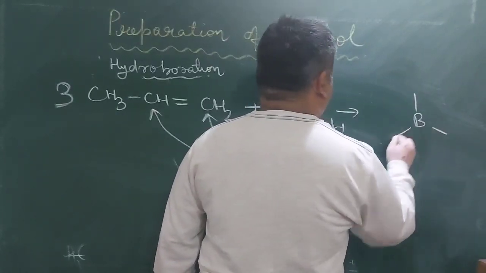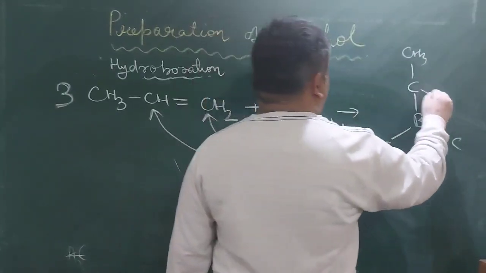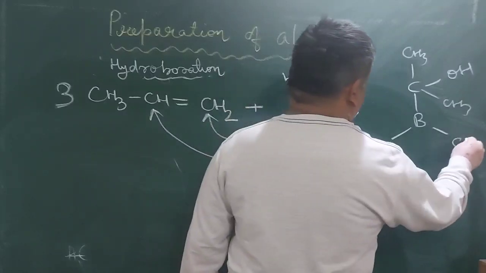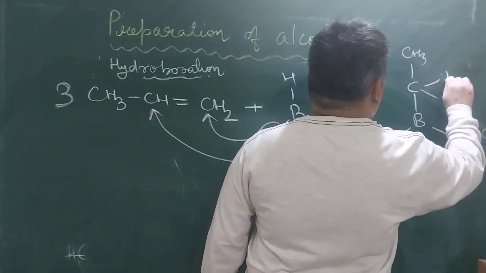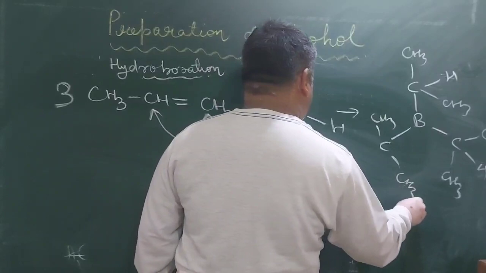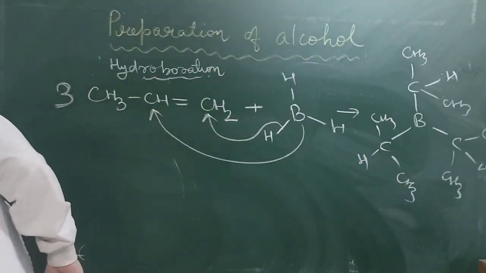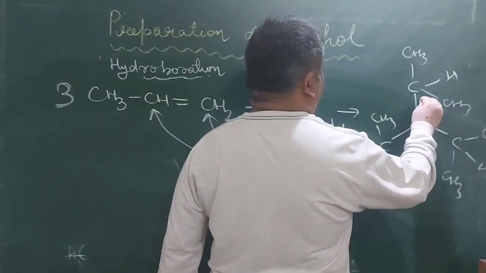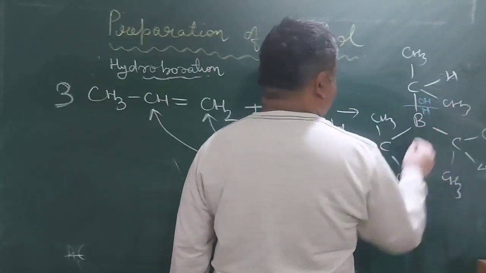Boron, carbon, carbon, carbon, CH3, CH3, OH, CH3, CH3, H, H and CH3, CH3, H. Now in this molecule, one OH here, one H here of H2O breaks.